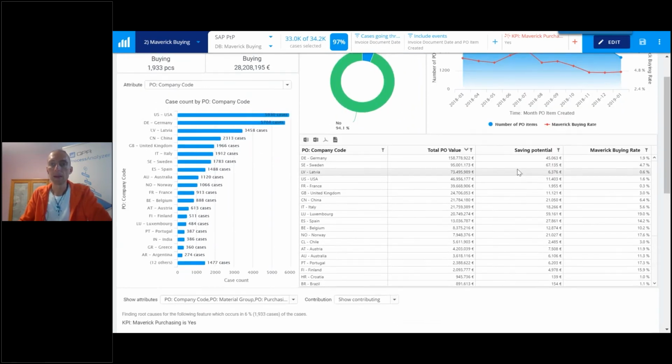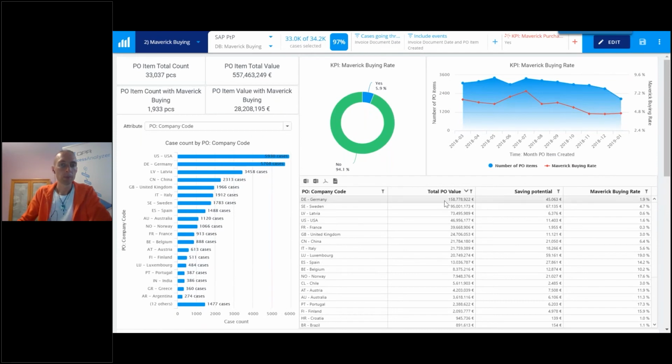And here in this illustration we also have the total PO, purchase order value, in these companies, and the saving potential, which is calculated as 1.5% of the total figure of the maverick buying.